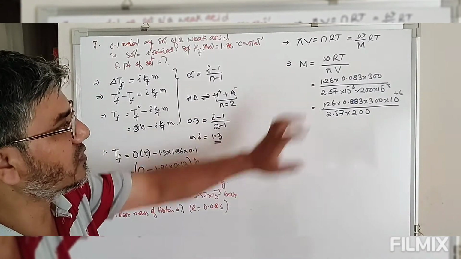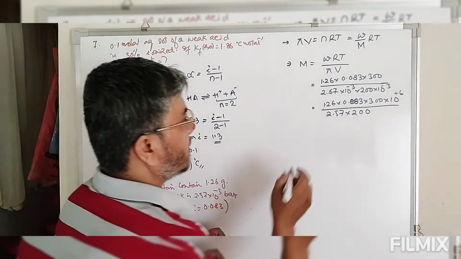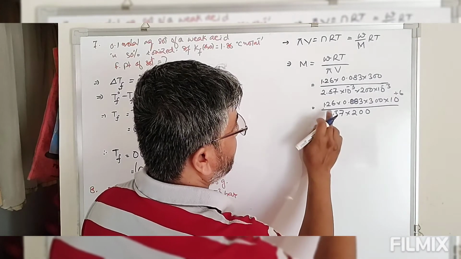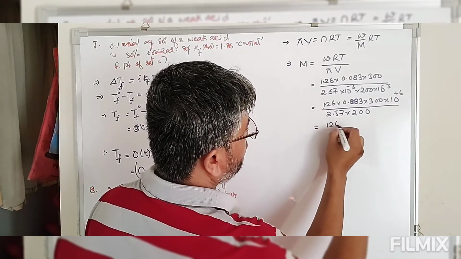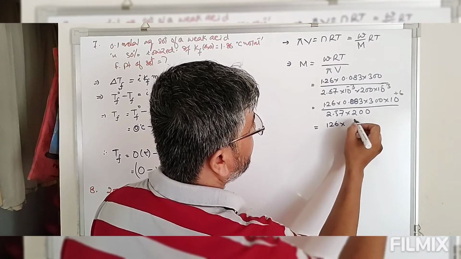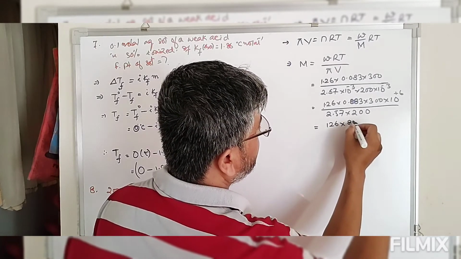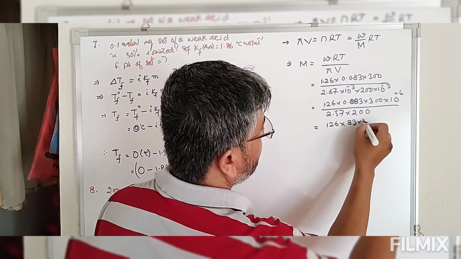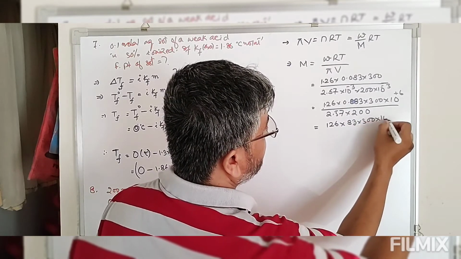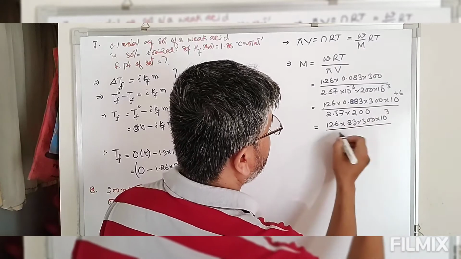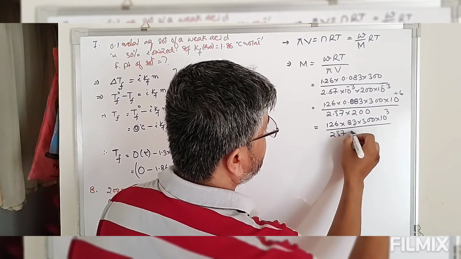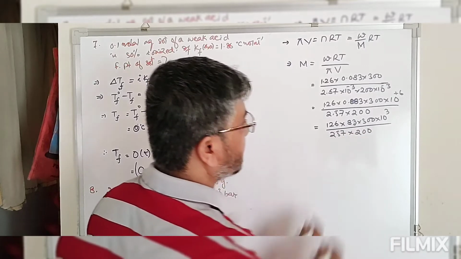We can write 126 into 83 into 300 into 10 to the power 3 divided by 257 into 200.